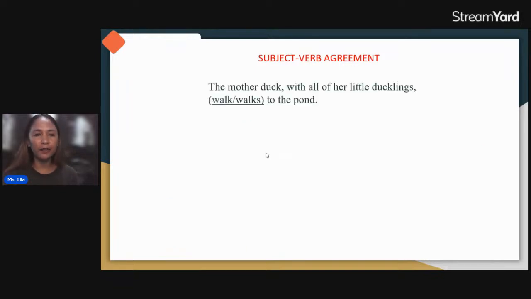Okay, so here in the sentence, the mother duck with all of her little ducklings walks to the pond. Again, the mother duck with all of her little ducklings walks to the pond. What is the correct verb to use in this sentence?